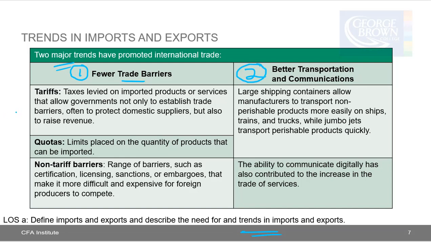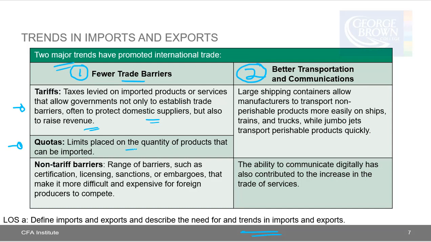So if we look at 3 examples of trade barriers, the first one is tariffs. What are tariffs? They're taxes levied on imported products or services that allow governments not only to establish trade barriers, often to protect domestic suppliers, but also to raise revenue. A second type of trade barrier is quotas.